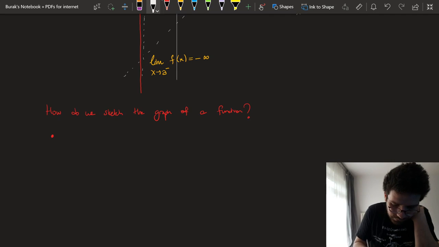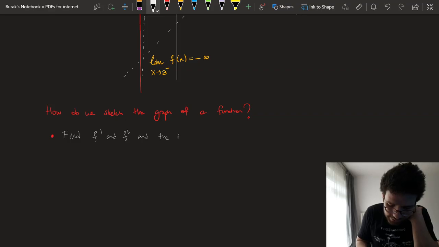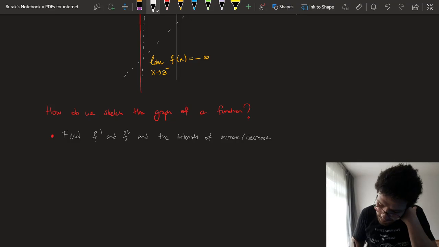Here are the steps. Find f prime and f double prime and the intervals of increase and decrease and the concavity of the function.